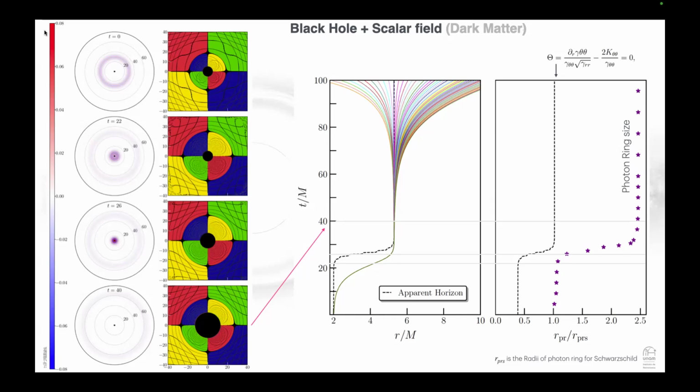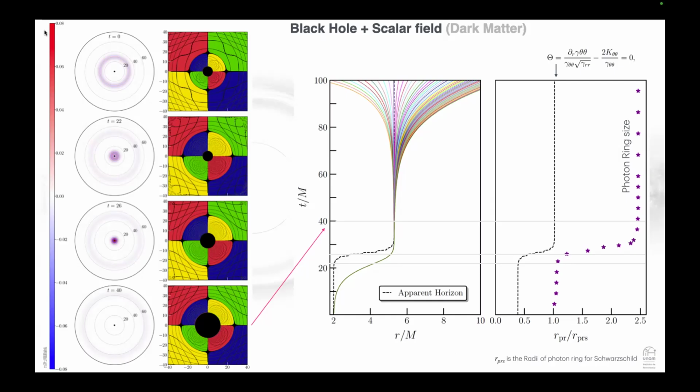Then it starts accreting, so we see that the apparent horizon is increasing. Now at the end of the evolution, we have a very big black hole, still Schwarzschild-like, so it's a non-rotating black hole, but now the apparent horizon has increased.